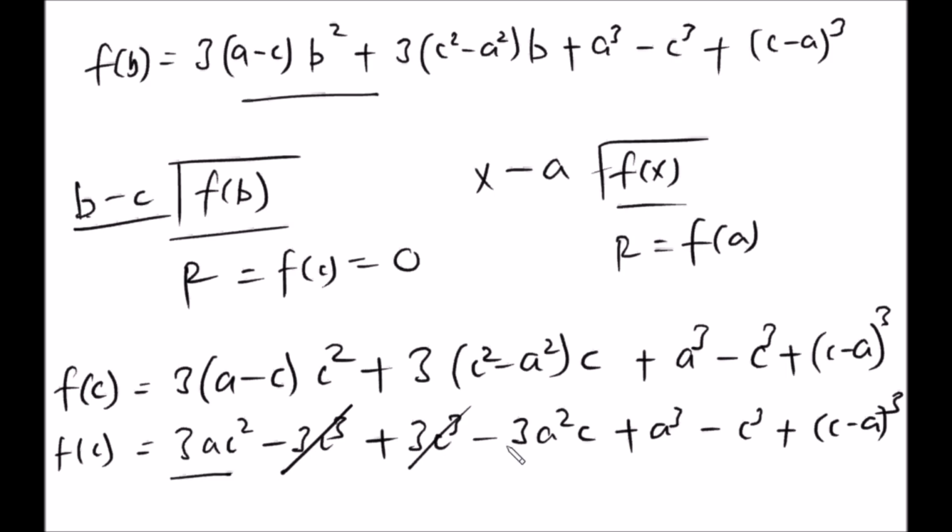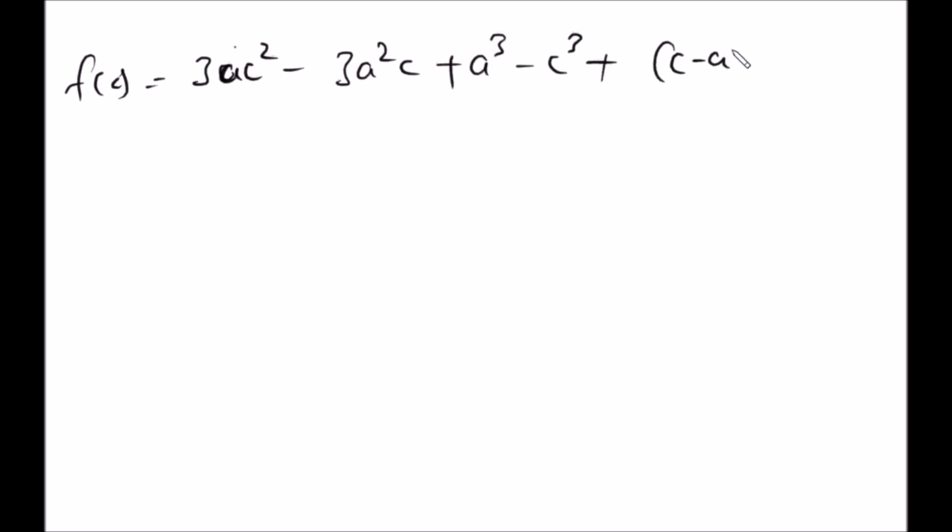So tunabaki na 3ac squared minus 3a squared c. Kwa hiyo fc sasa itakuwa ni 3ac squared minus 3a squared c, so we're gonna have plus a cube minus c cube plus c minus a cube.